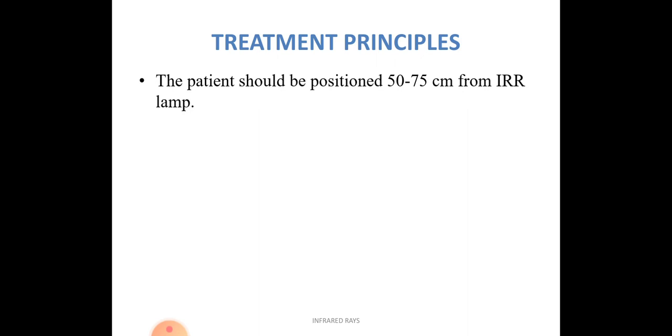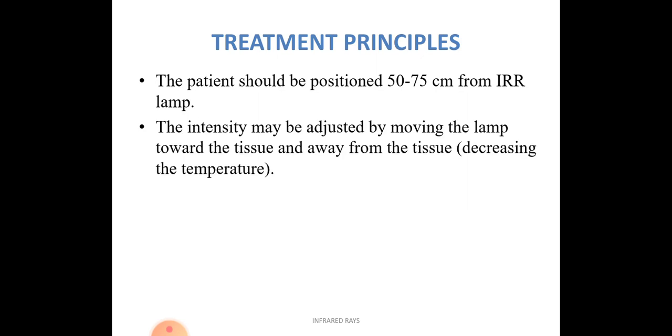These bulbs are kept quite near to the patient's skin. Intensity may be adjusted by moving the lamp either towards the patient or away from the patient. Nowadays a few machines have an intensity knob, but most IR machines do not have one. So you need to adjust distance only for increasing or decreasing heat.